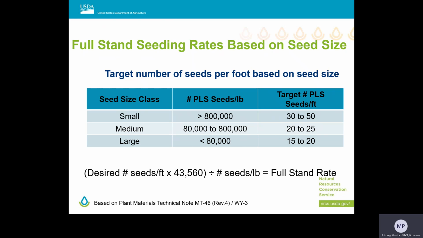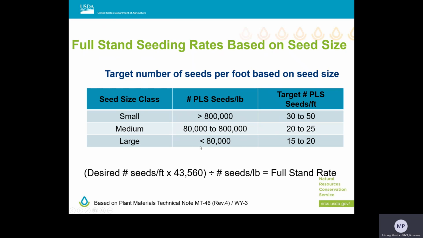Now, if you have a smaller seed where you have over 800,000 pure live seeds per pound, you're going to increase your target number of seeds per square foot to 30 to 50. This is because small seeds generally have less carbohydrate reserves and they perish more easily than large seeds. They also have a greater potential to be planted too deep where they're not going to germinate. So we increase the seed rate to increase the success of that species when it's seeded.